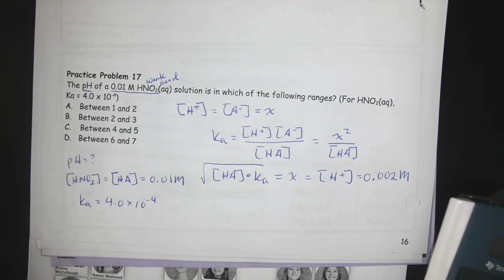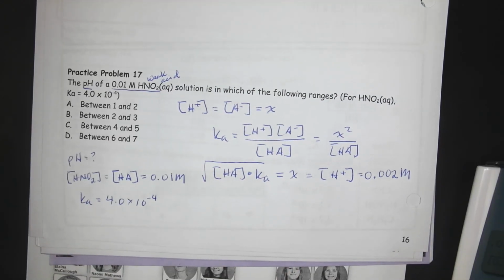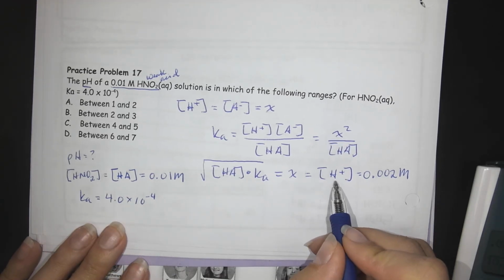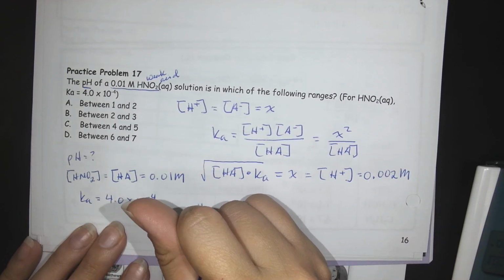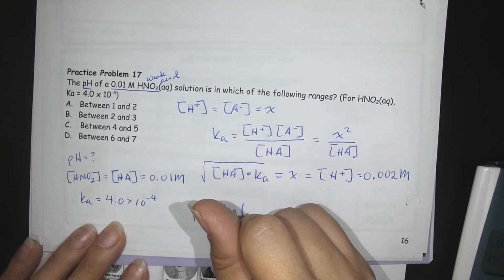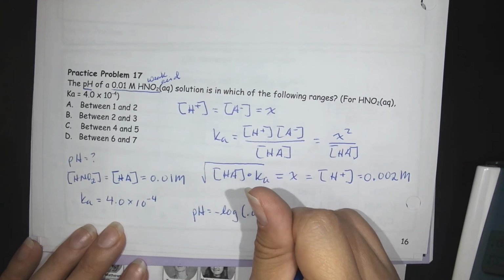All right, great. And my final step to getting my pH, because I know what H plus is, is that pH is the negative log of H plus, or 0.002.